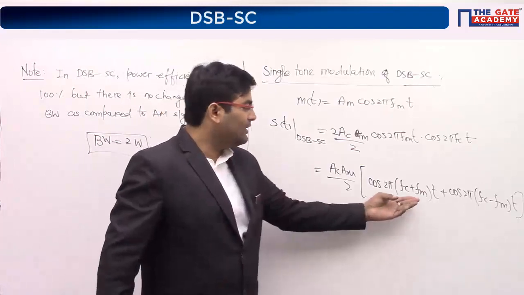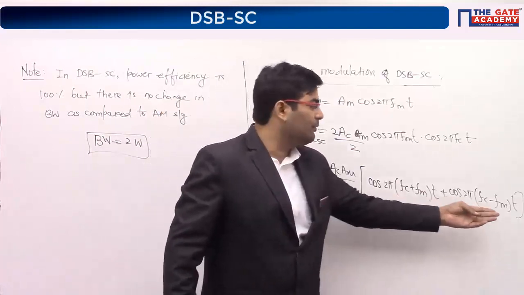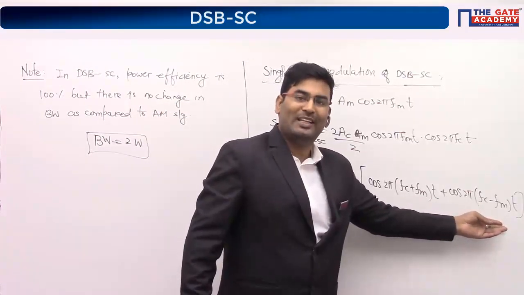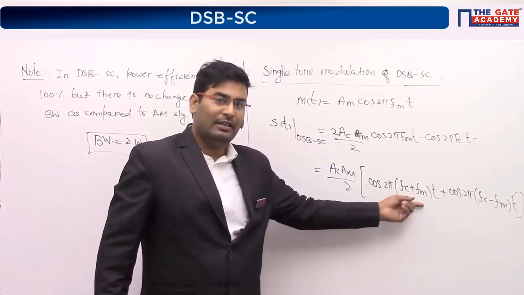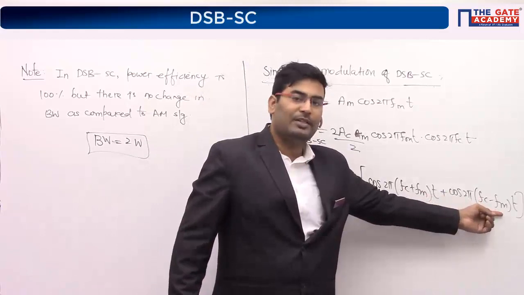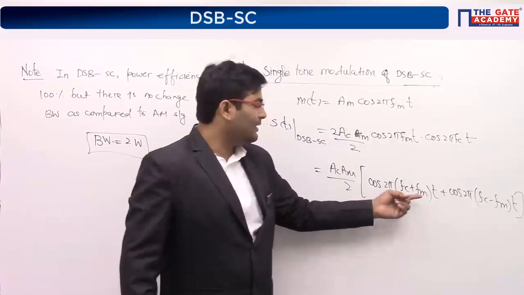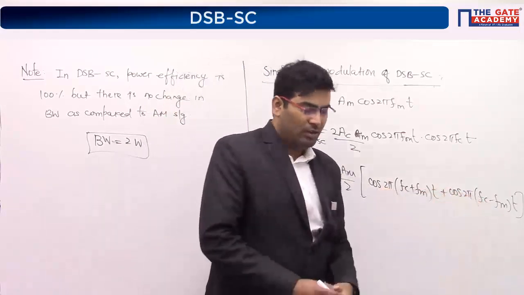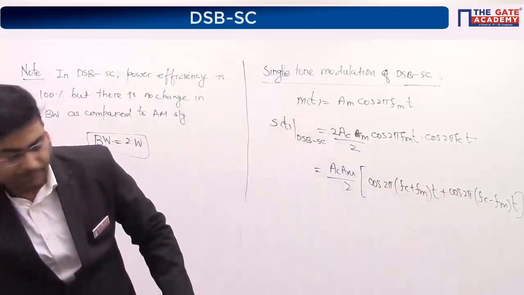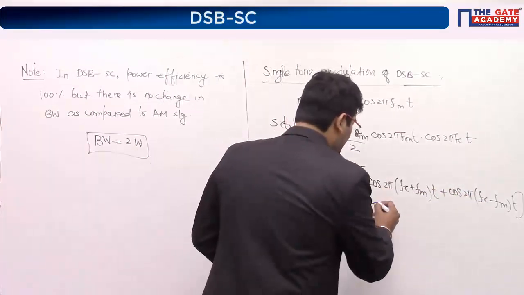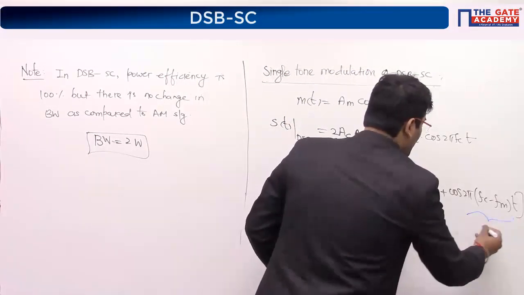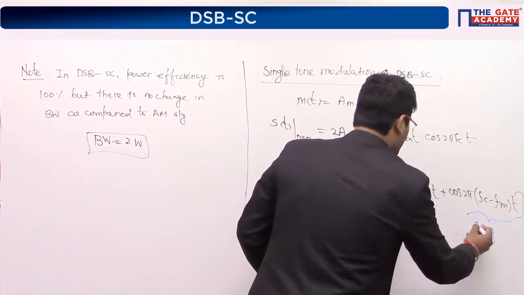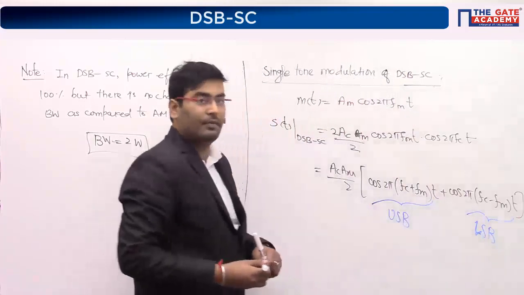You know that this will give you 2 impulses and this will give you 2 impulses. We have done it so many times. This gives 1 impulse at fc plus fm, and this gives 1 impulse at fc minus fm. This is your upper sideband and this is your lower sideband. Please write it down, guys.